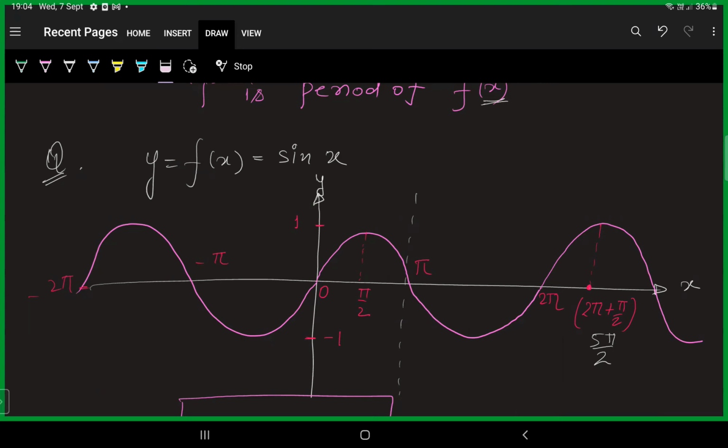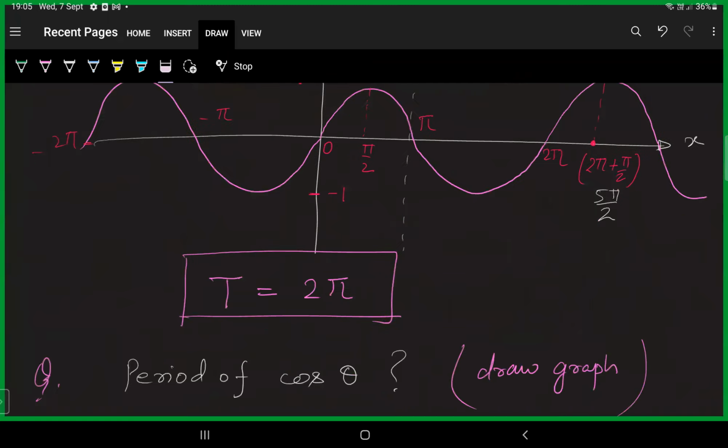While we are writing, y is the output of it. f of x is not the range. The possible values of f of x is the range. So sine and cos both will vibrate between 1 and -1. I think below this only we have drawn.